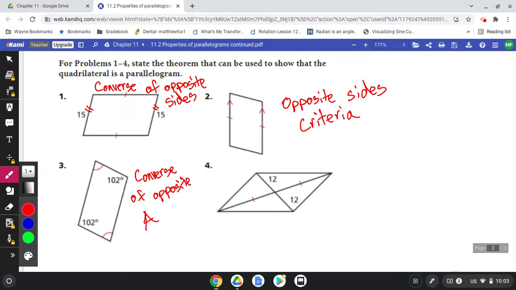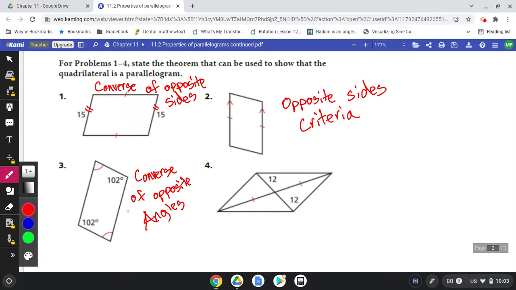Now, it does not ask us this, but if it did, could you find what those missing angles were? And I hope you could. If not, there's two different ways you can think about it. One is we know that these all add up to 360. You add 102 and 102, you get 204. Take that from 360, and we'll be left with 156. And we'll divide it by 2 because these two opposite angles are congruent. 156 divided by 2 is 78.